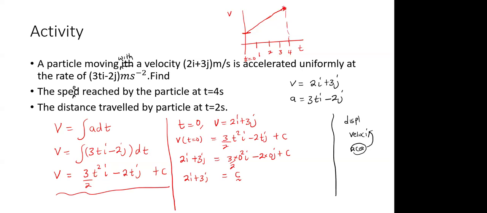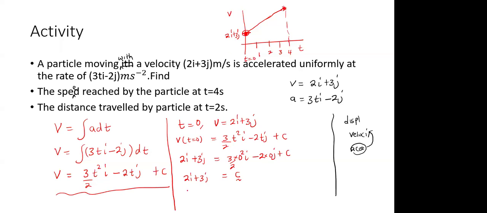But in order for us to obtain it, we start from here. When the time was 0, this particle had a velocity of roughly 2i plus 3j. This is a rough graphical representation of what we are doing. When the time is 0, the particle was already above the origin with a velocity of 2i plus 3j. That is the velocity it was moving with.